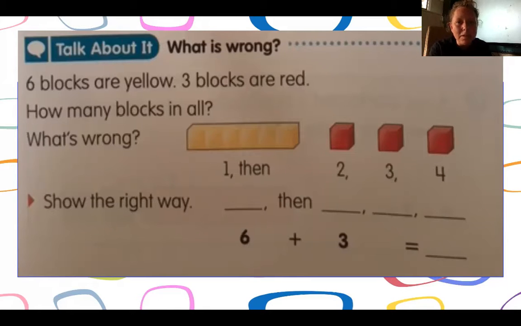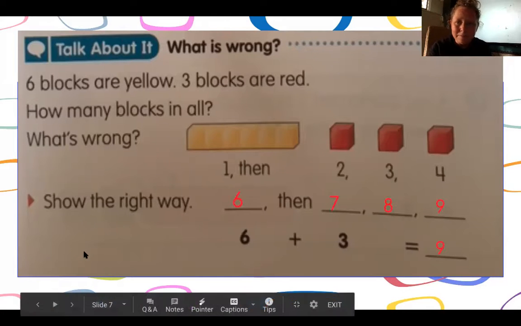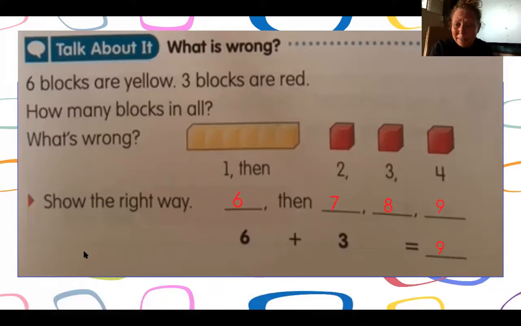If you need more time, push pause. Let's look at the right way and see why it was wrong in the picture. The story says 6 blocks in all, but it labeled it as 1. Is this a group of 1 or 6? That's right. It is a group of 6.